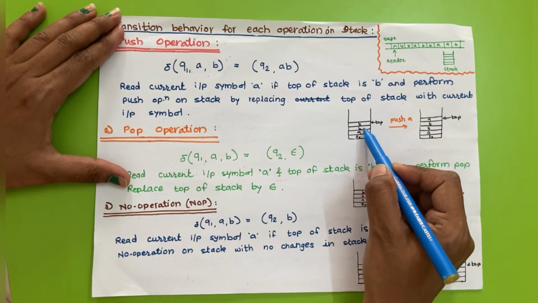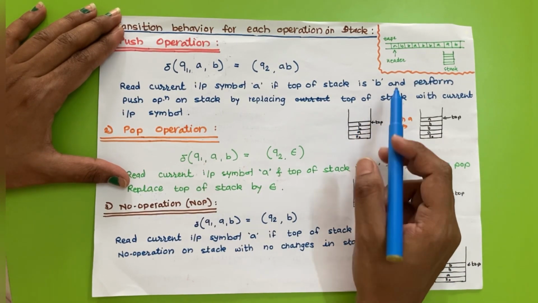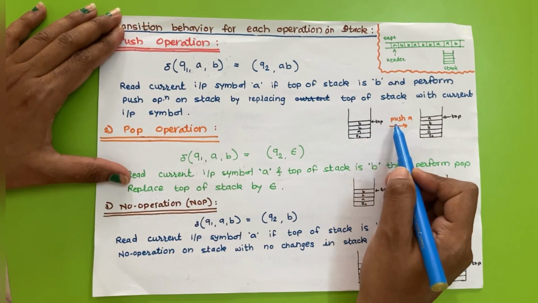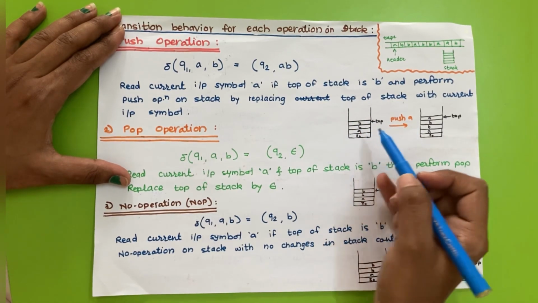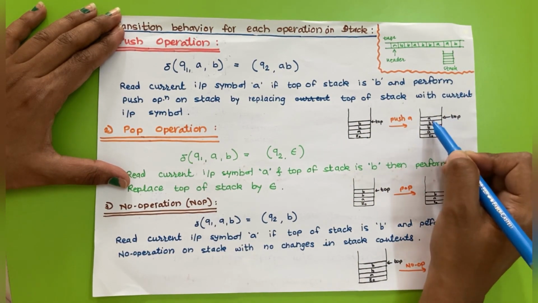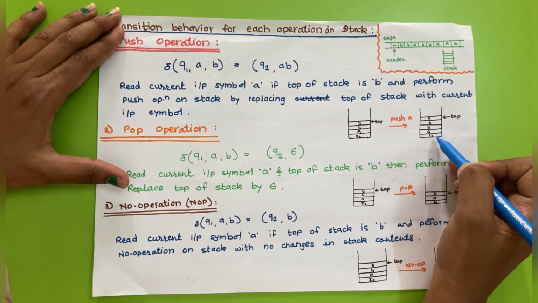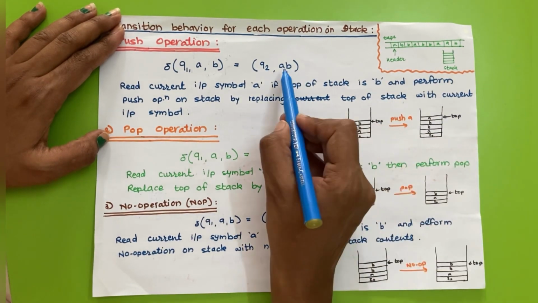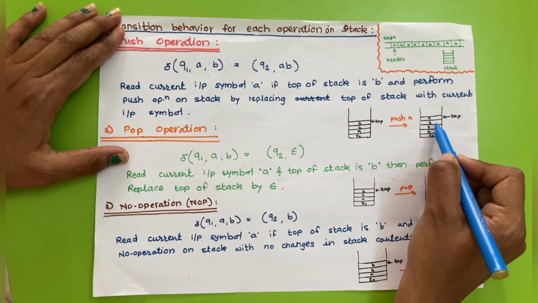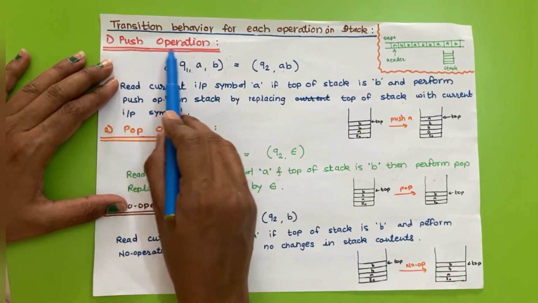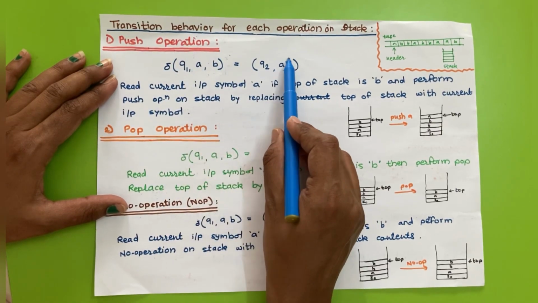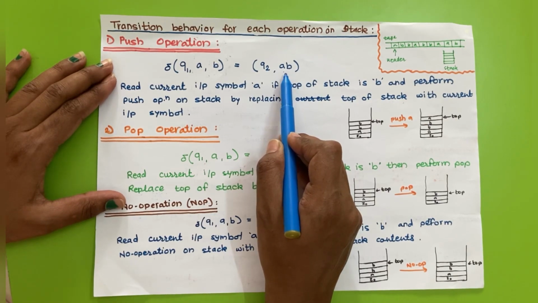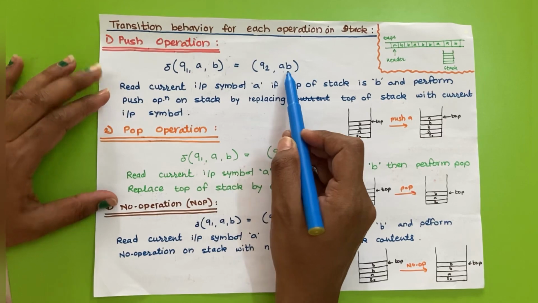Here is the situation explained. We are reading input symbol a, and the current top of stack is b. After pushing a onto stack, we have current top as a, and this is the remaining stack condition. So this was related to push operation, which means in case of push operation we have two symbols in the output pair.